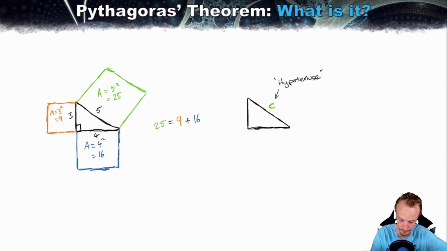So it's the hypotenuse, which is the longest side. You'll also notice with every right-angled triangle that the longest side will always be opposite the right angle. The right angle is between the two shorter sides, and that will always occur with all right-angled triangles.